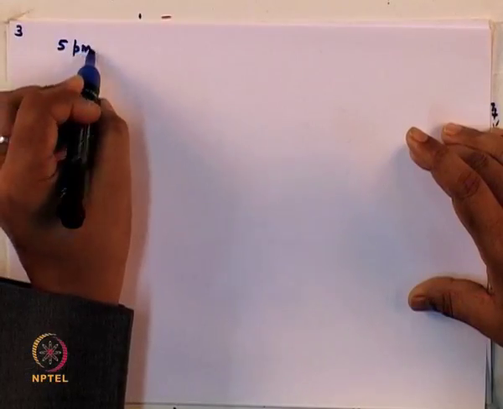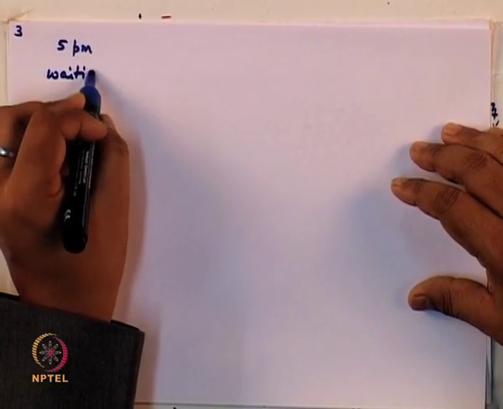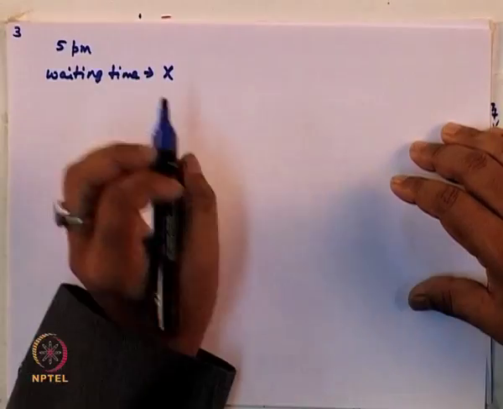Okay. So, imagine you are waiting in your room for a letter to arrive, and x is the waiting time. You are expecting the letter to arrive at 5 p.m., but you have to wait, and the waiting time is a random variable x, which is continuous.